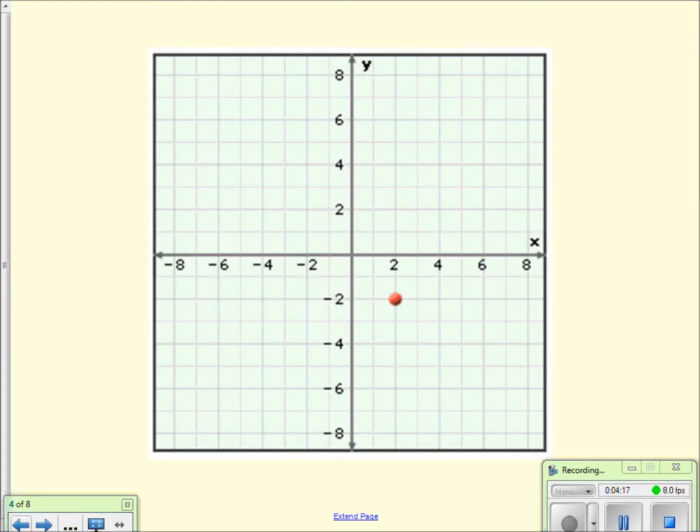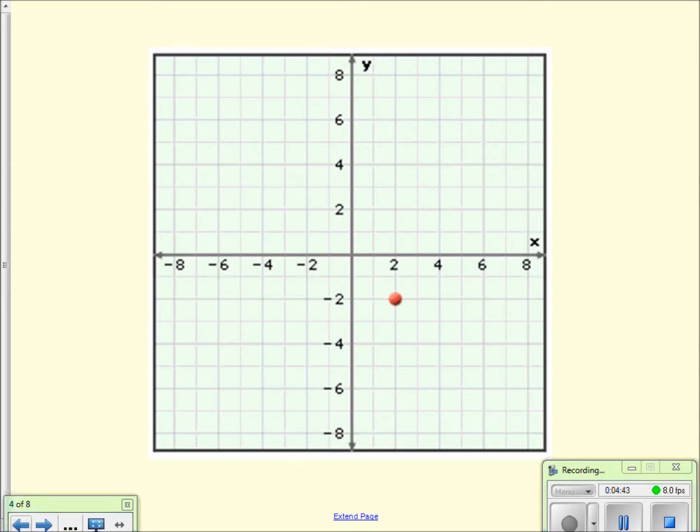When we take a look at items on a coordinate plane, here we have a point. You can see the red dot here. That red dot has a location. We call that location its ordered pair, the exact location for that point. We use our x and y values to give the location of that point, kind of like the latitude and longitude you did in social studies.